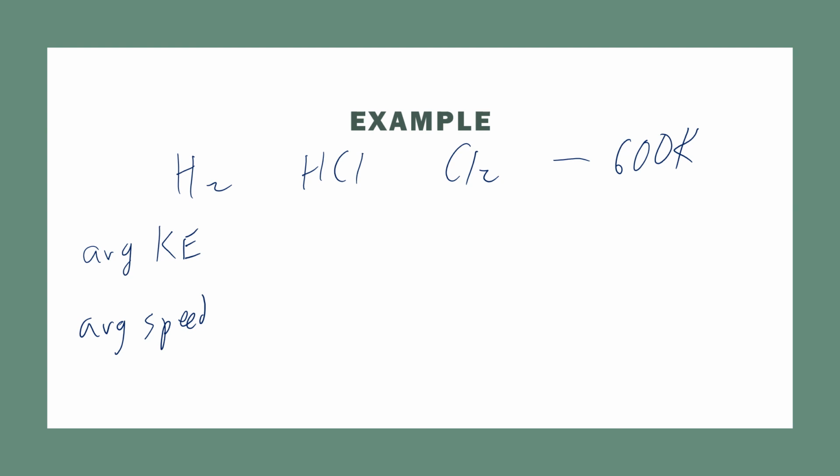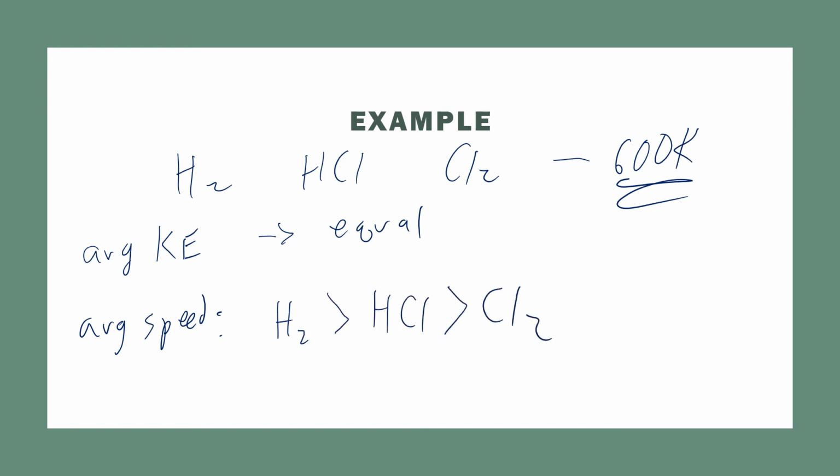They'll ask you to compare the average kinetic energy between the three and compare the average speed between the three. So the average kinetic energy for all three of them is equal. That's because they're all at the same temperature, and Kelvin temperature is directly proportional to the average kinetic energy. But average speed, because kinetic energy is based both on mass and on velocity, the lightest particle is going to move the fastest, then the medium one, and the heaviest particle will move the slowest at that same temperature.